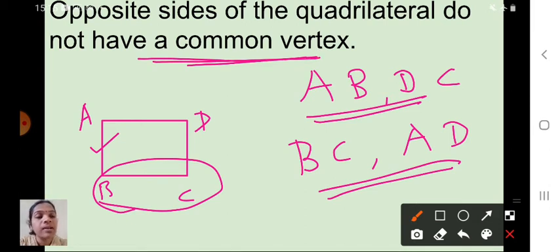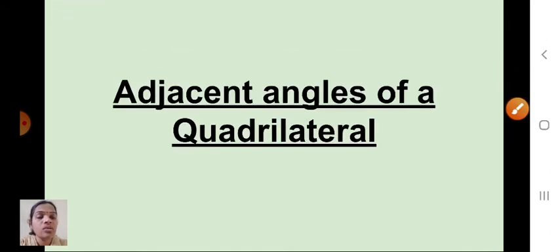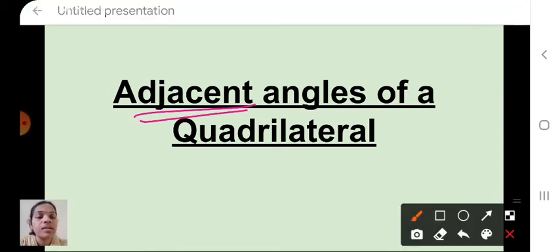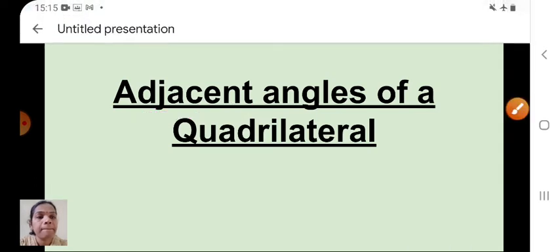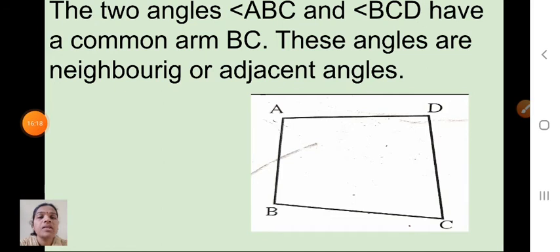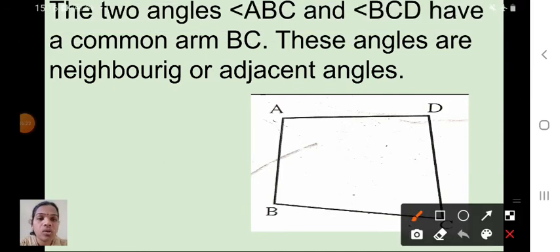Okay children. Next one is adjacent angles of a quadrilateral. Adjacent means, as I told, neighbor. So children, now we will discuss adjacent angles of a quadrilateral. As I told, when we mention angles, we have to write 3 letters.